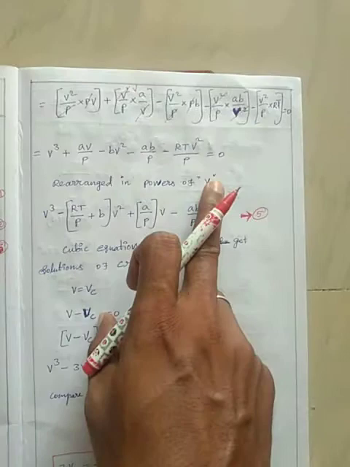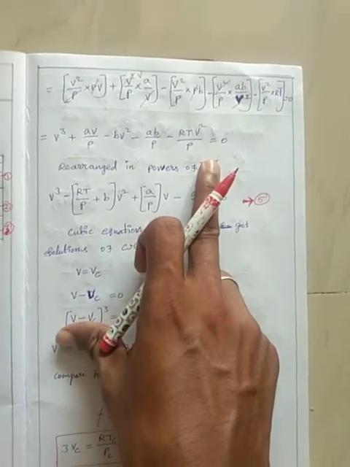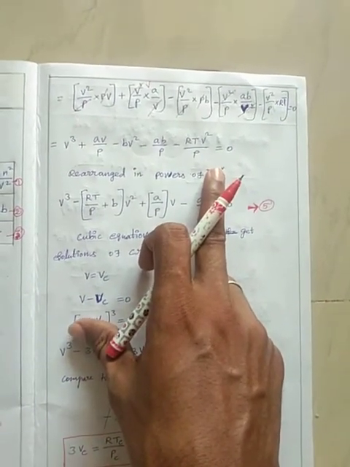Now for mathematical rearrangement, we arrange by V cubed, V squared, V and the constant term.